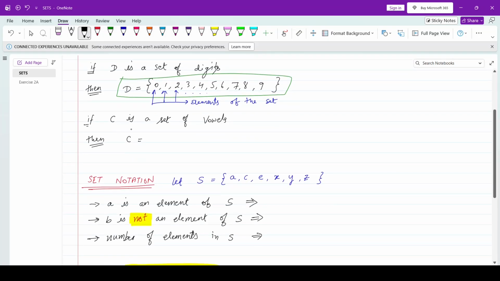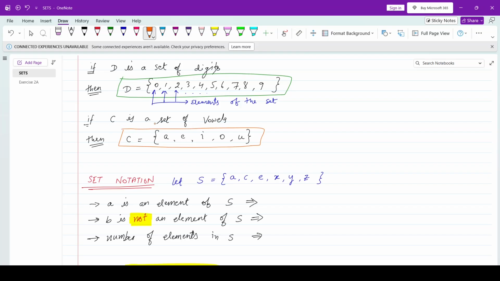Similarly, if C is a set of vowels, we can write C as A, E, I, O, U. So this is what we mean when we say C is a set of vowels.